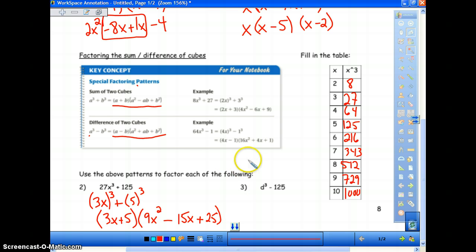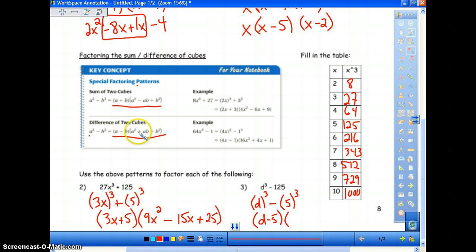Now, the second one is we have d cubed, minus, and then 125 is still going to be 5 cubed. So this is going to be the difference of cubes. So again, set it up exactly as is. A minus b. Our a is d, our b is 5. So our first factor is just going to be d minus 5.